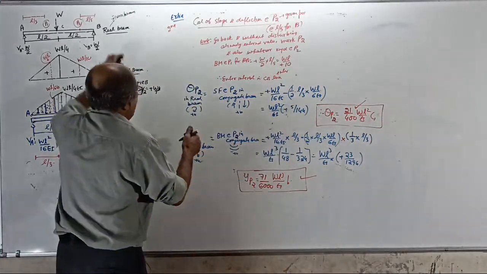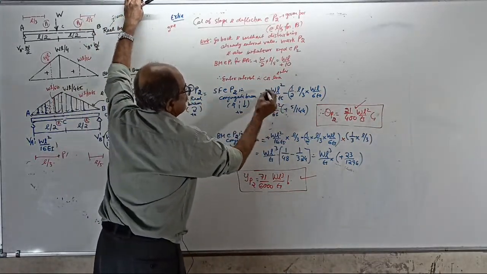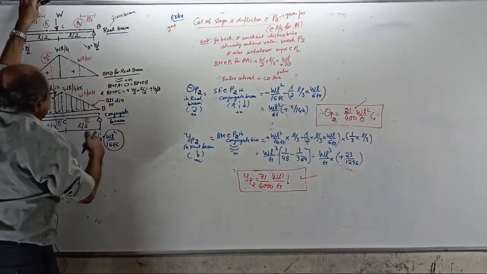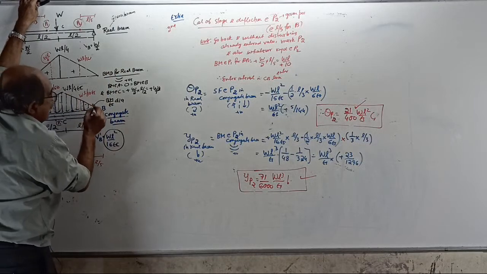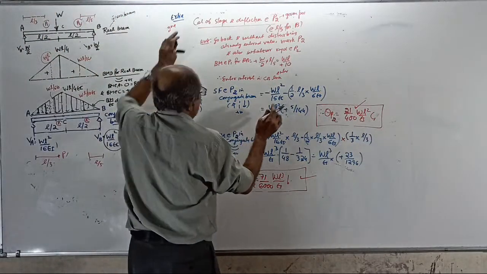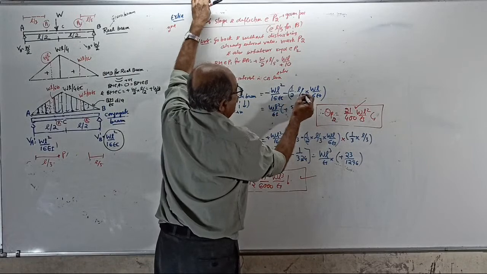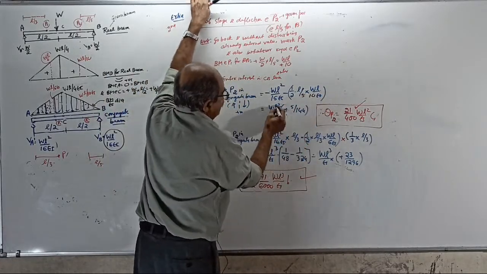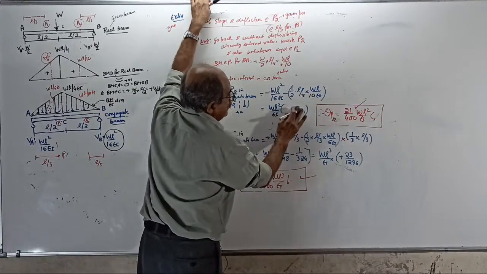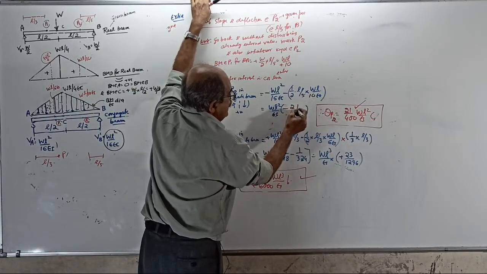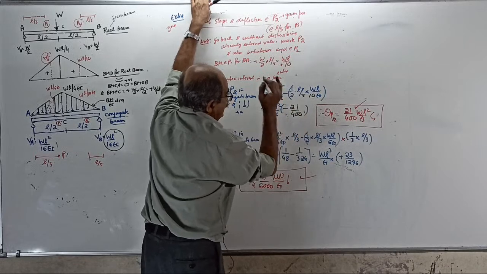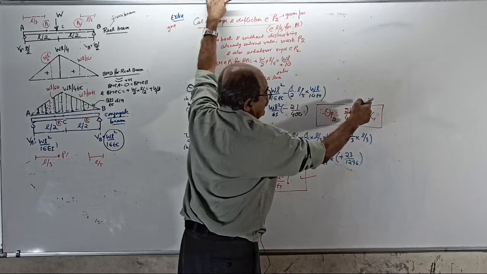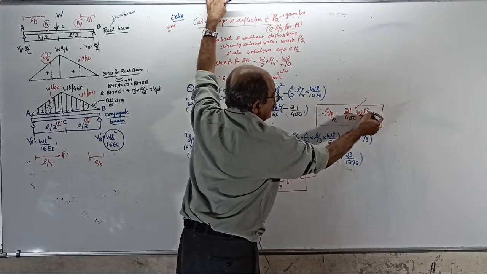So the answer is minus WL square by 16 EI plus this much load. That load is half into L by 5 into WL by 10 EI, or WL square by EI into minus 21 by 400. Therefore, theta P2 is 21 by 400 WL square by EI anti-clockwise.